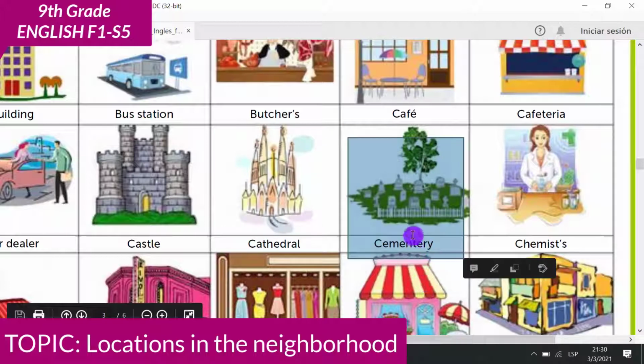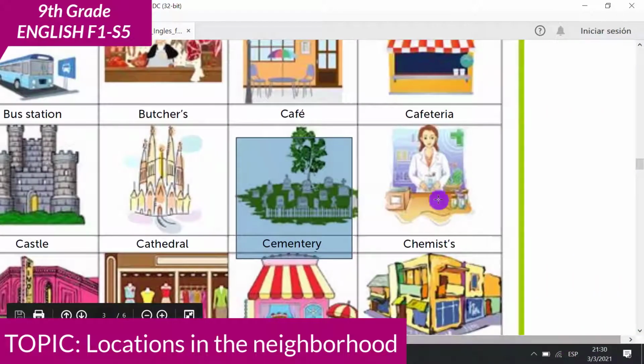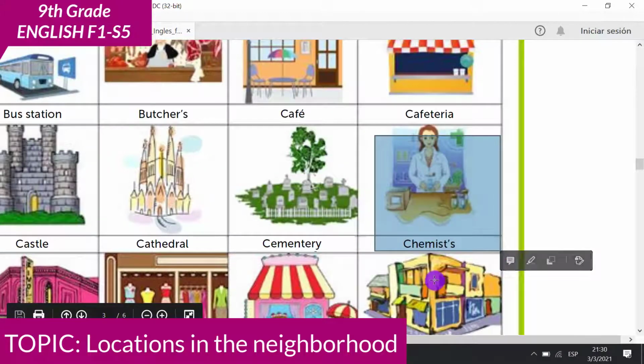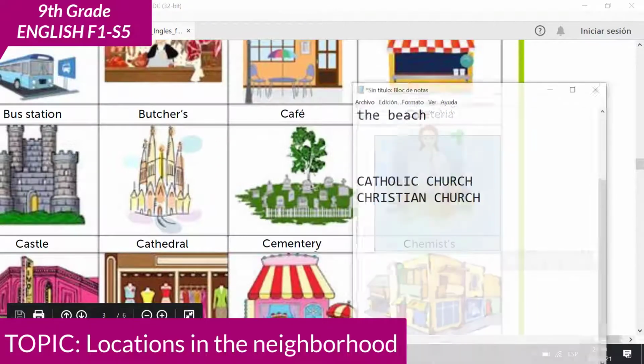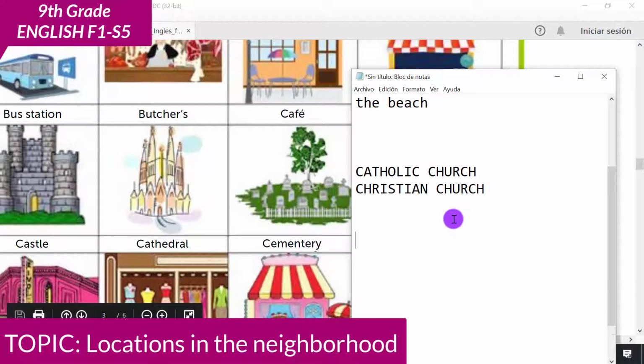Cemetery. Chemist. Esta palabra en inglés casi nunca se oye. Lo más común, y me imagino que es lo que quisieron decir aquí en la guía, es la farmacia o la droguería. ¿Y cómo se dice farmacia en inglés?